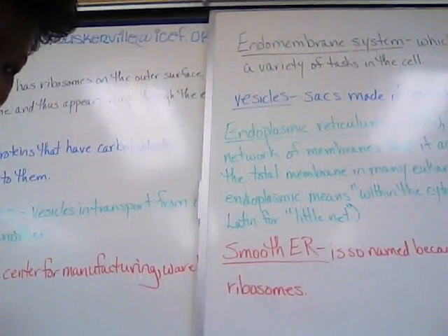The food vacuole formed in this way then fuses with a lysosome whose enzymes digest the food. Digestion products, including simple sugars, amino acids, and other monomers, pass into the cytosol and become nutrients for the cell.